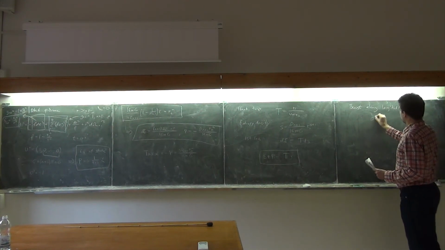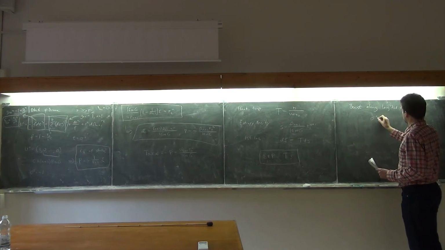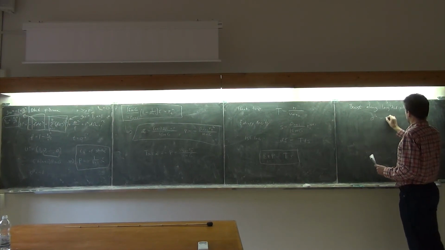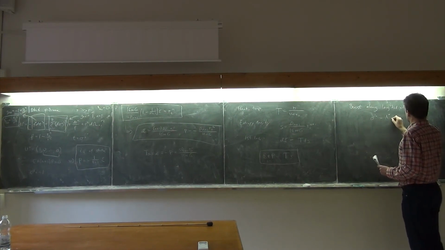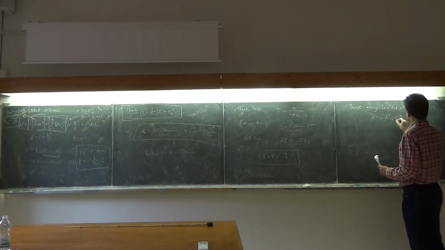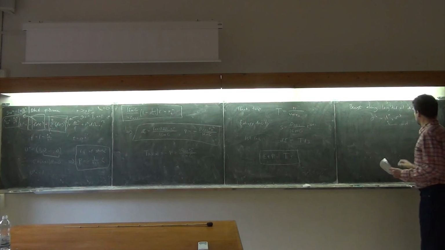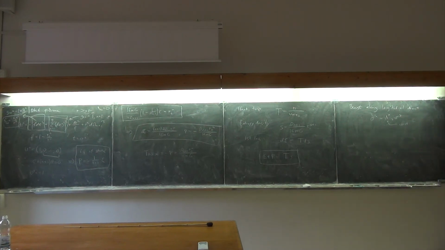So we have some sort of Lorentz transformation, say something like this, where this is a constant matrix. So you make some Lorentz transformation in the longitudinal directions.